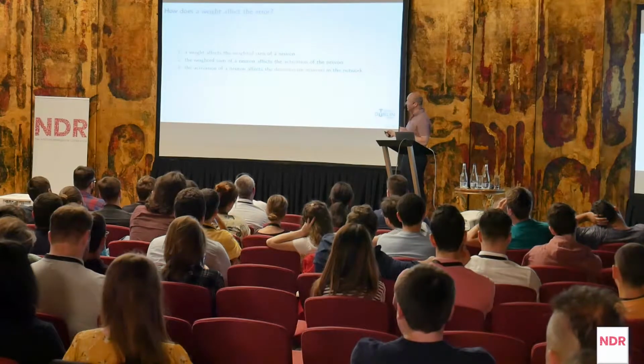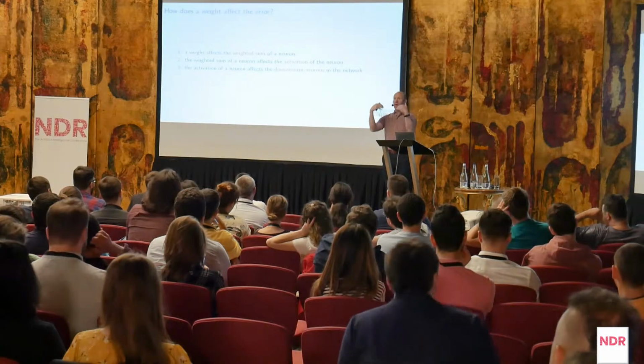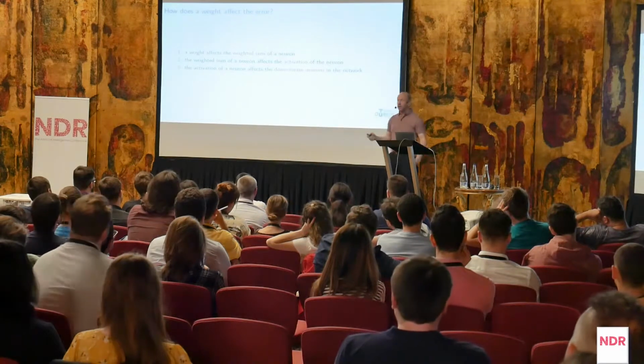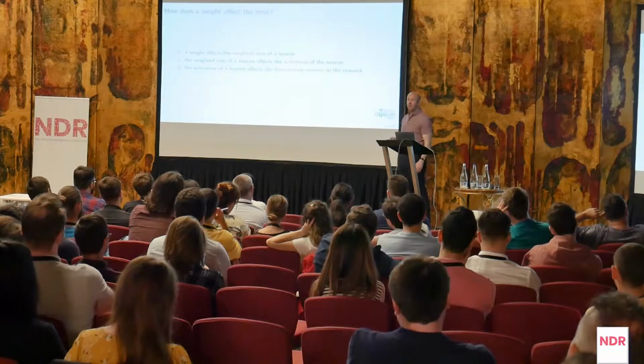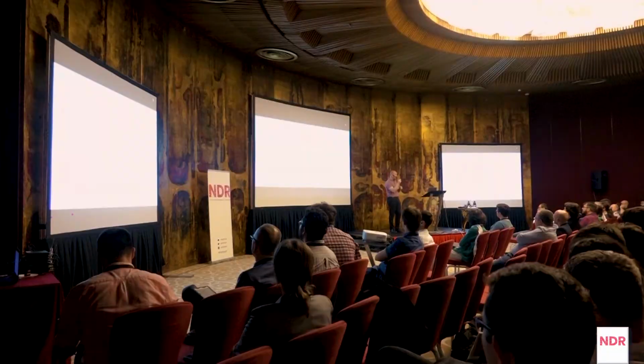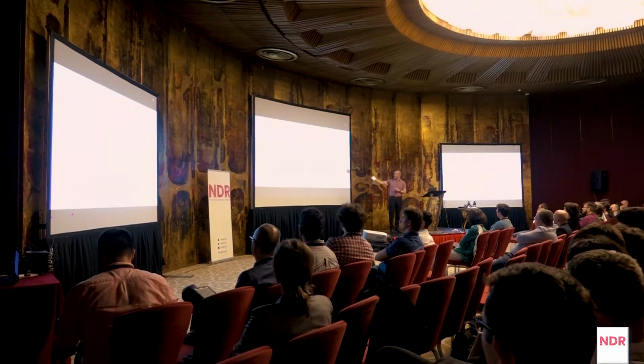Then the output of that neuron is passed on to later neurons in the network, and it changes all the downstream neurons' activations. So there are three elements affected when we change a weight, and when calculating the rate of change of the error of the network with respect to a change in the weight, we need to understand how to calculate the effect of those three elements.